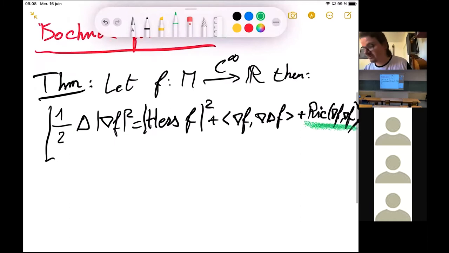The Hessian term will be a little problematic, but there is a way to circumvent that, to get rid of this Hessian.